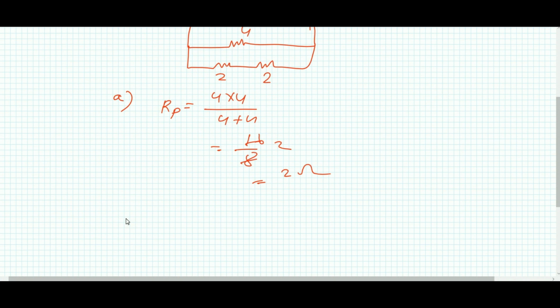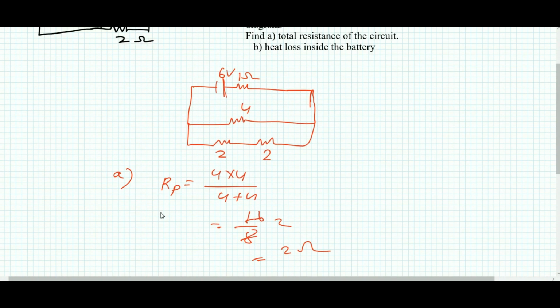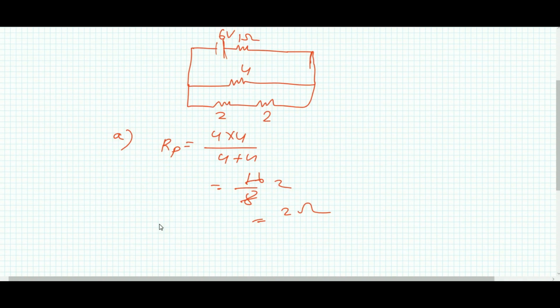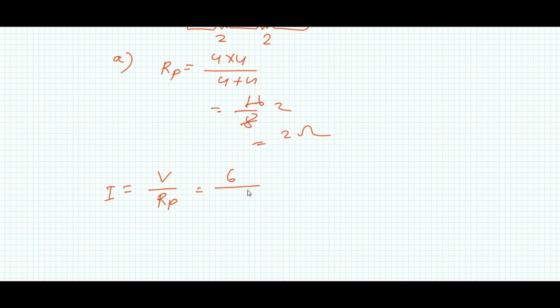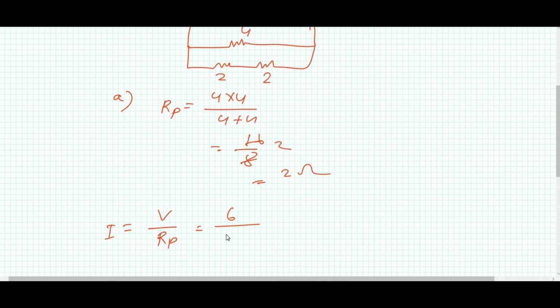So the current across the circuit can be easily calculated because we found the resistance, right? So the current will be voltage by resistance, that is 6 by 2 plus 1.